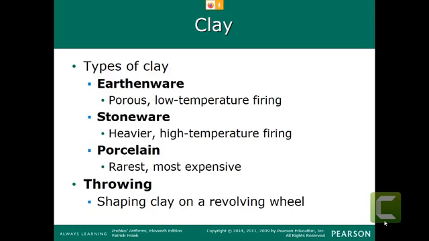We also have stoneware. Stoneware is heavier than earthenware, and this is actually a type of ceramic that is fired at high temperature. So in order for potters to make anything that is stoneware, they had to use a higher temperature. So they had to use a more expensive, higher end kiln.